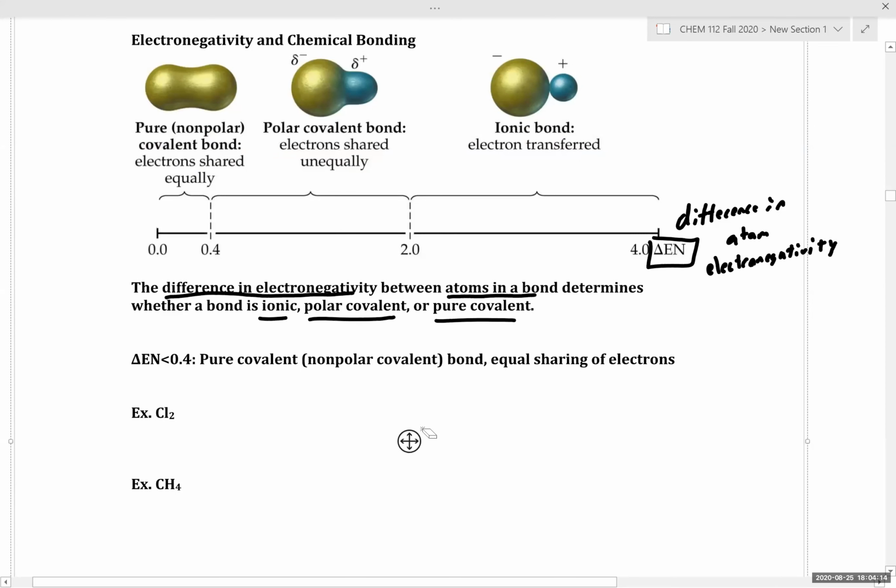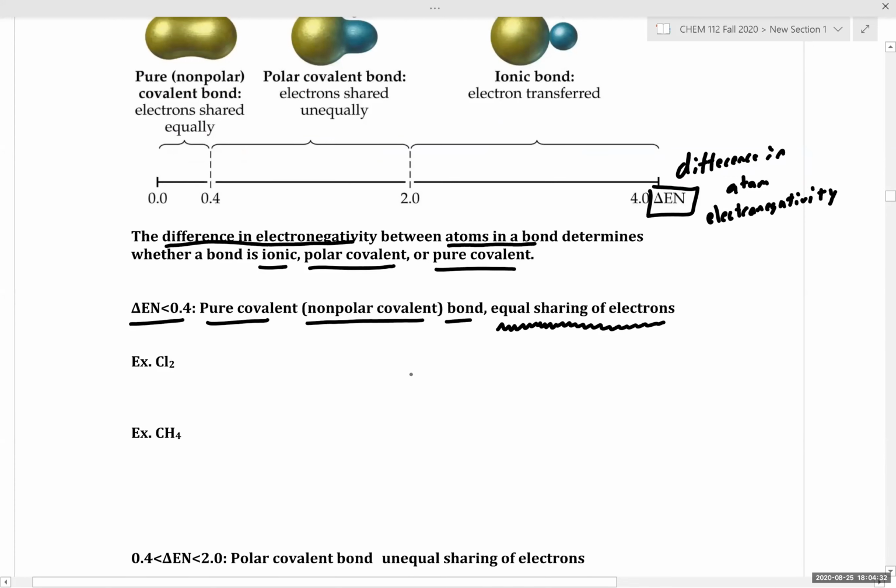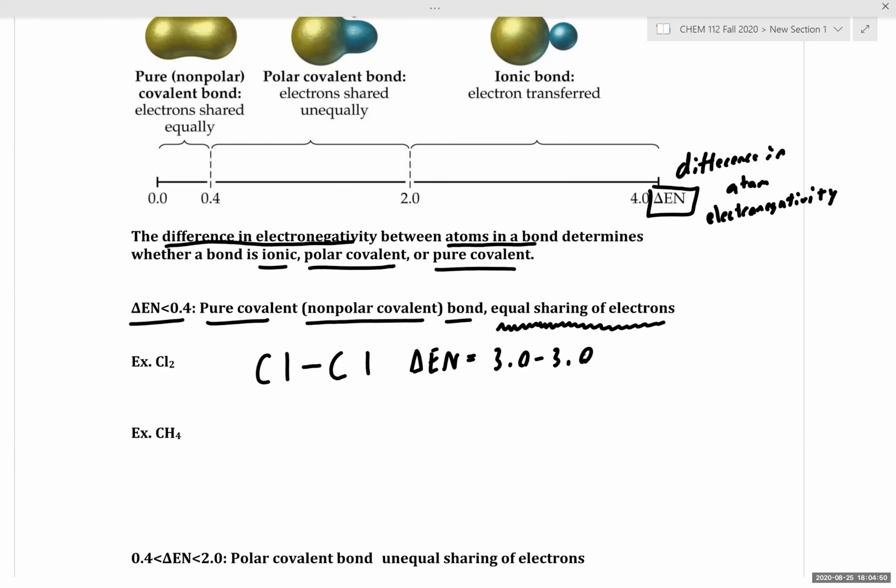Common examples of pure covalent, or what we like to call non-polar covalent bonds, have a difference in electronegativity of less than 0.4. You can think of this as an equal sharing of electrons. Examples of this include cases where we have the same atom bonded to itself. So for example, a chlorine-chlorine bond, our difference in electronegativity is 3.0 minus 3.0. You do not need to know the exact electronegativity values. You just need to know the relative values.